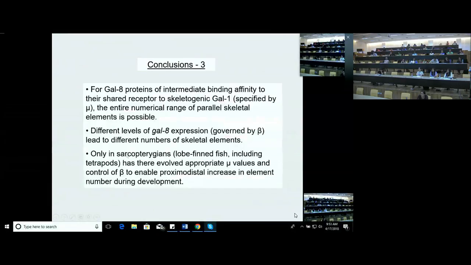Only in sarcopterygians, the lobe-finned fish, including tetrapods, have there evolved appropriate mu values and control of beta. And then remember, beta is controlled by that non-coding, conserved non-coding module that has those binding sites for transcription factors to enable proximal distal increase in element number during development.